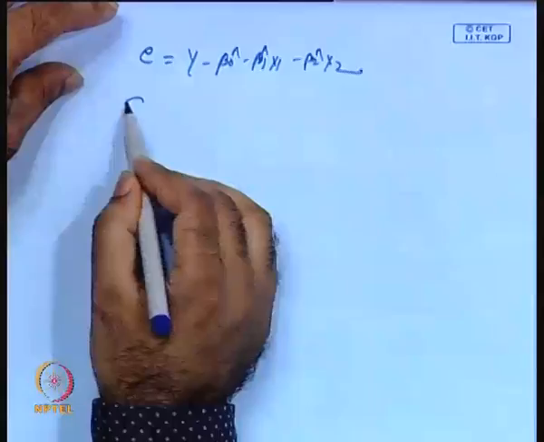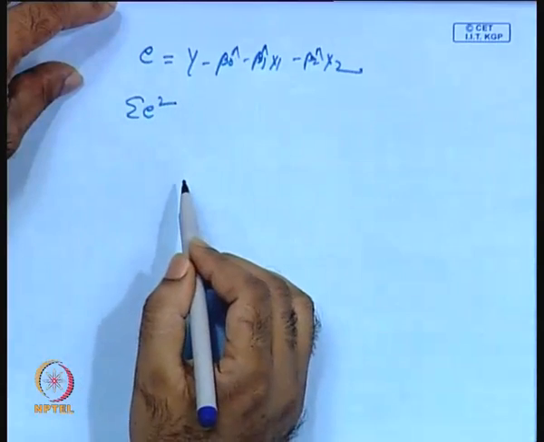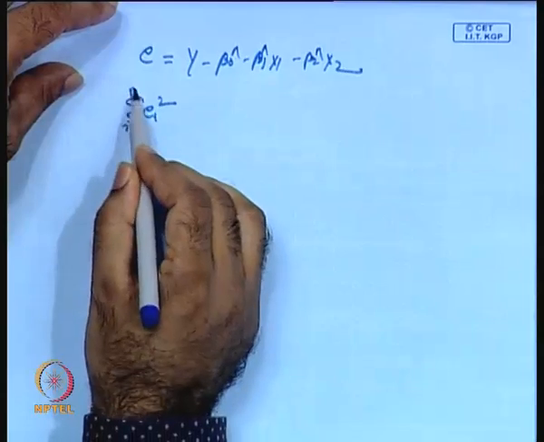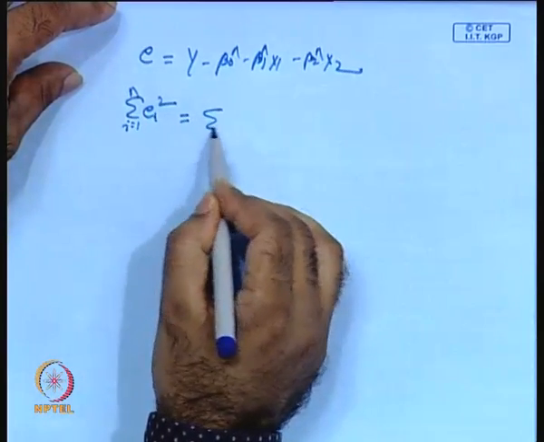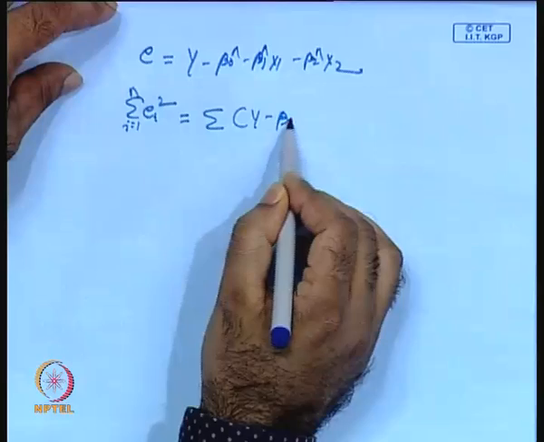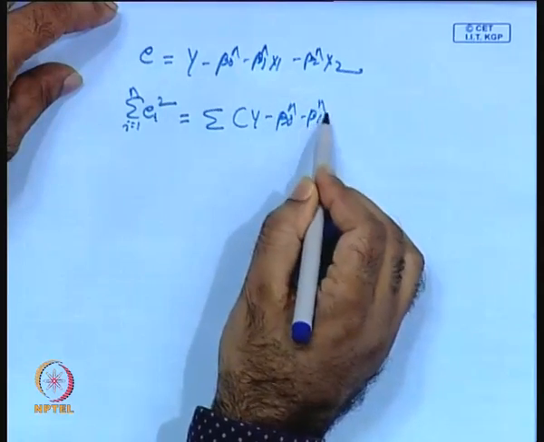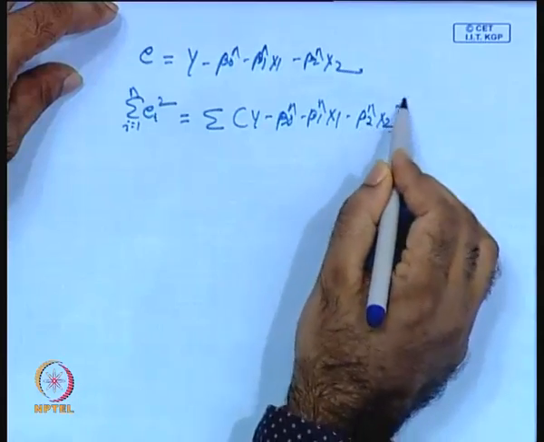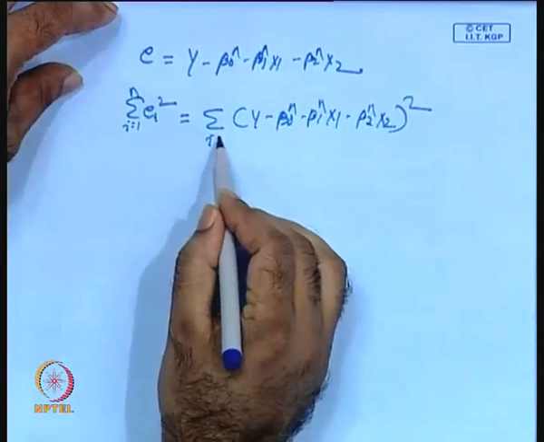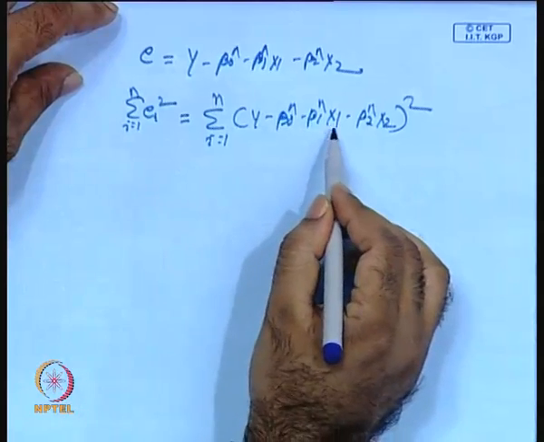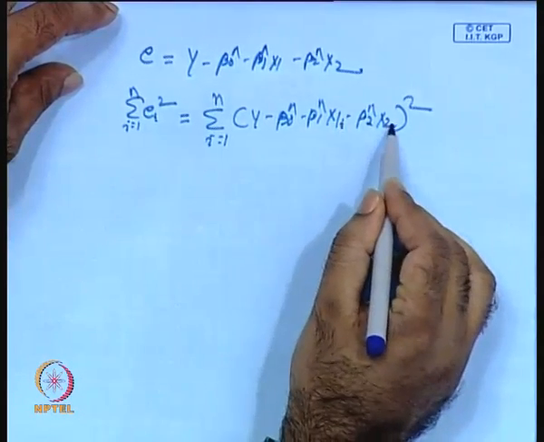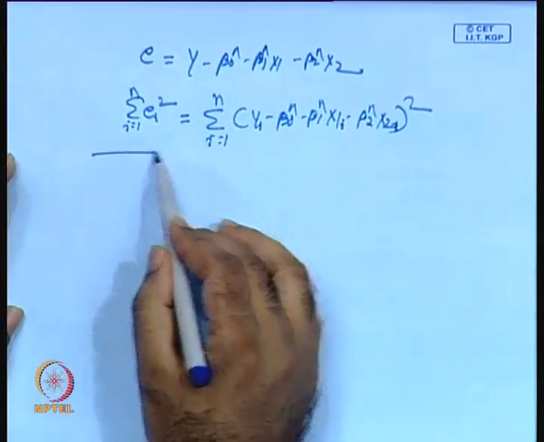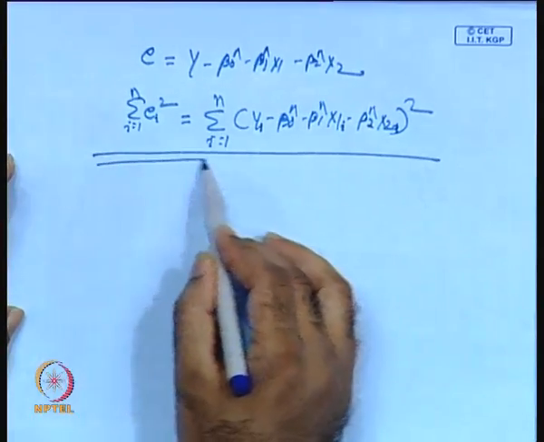The error sum of squares is represented as the summation of e squared, with i equal to 1 to n, which is the summation of (y minus beta 0 hat minus beta 1 hat x1 minus beta 2 hat x2) squared, where this is x1i, this is x2i and this is yi. This is the starting procedure of estimation.